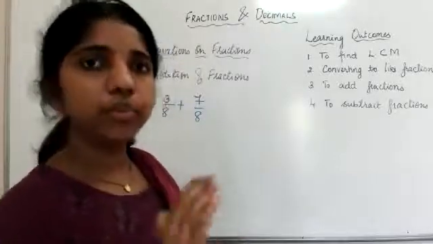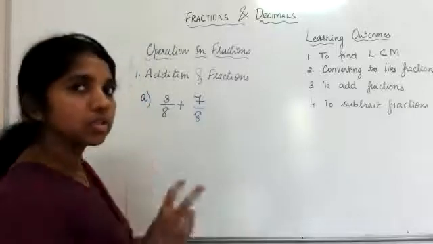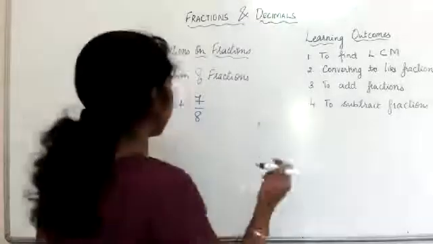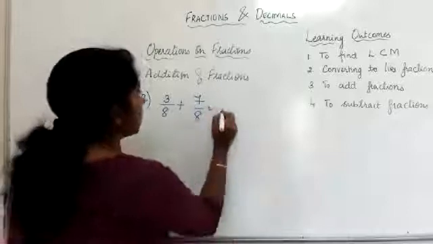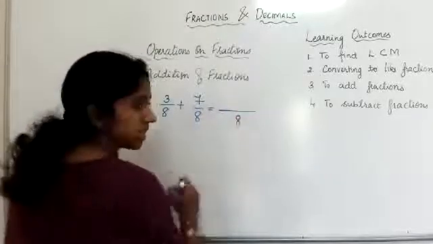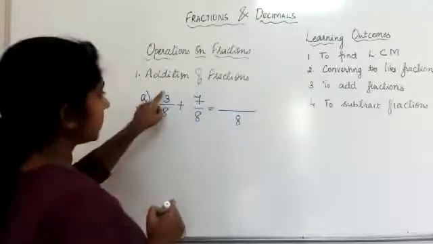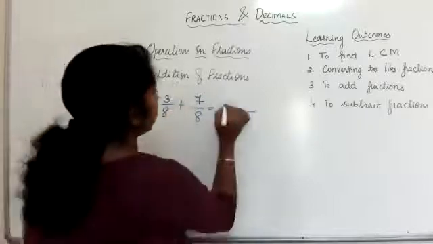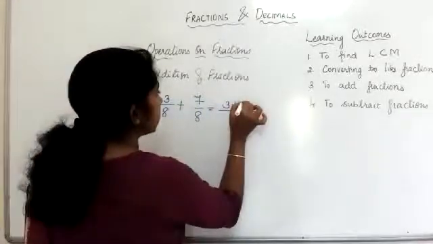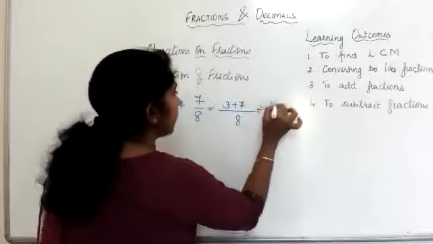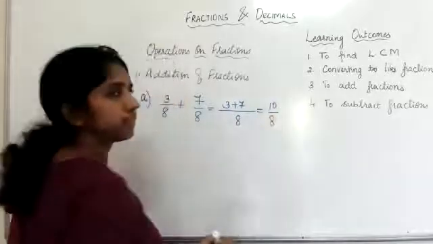That's how you can add two like fractions. You just keep the denominator as it is and add the numerators. That is 3 plus 7, which is equal to 10 by 8.